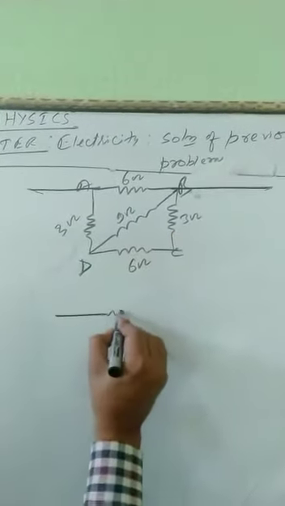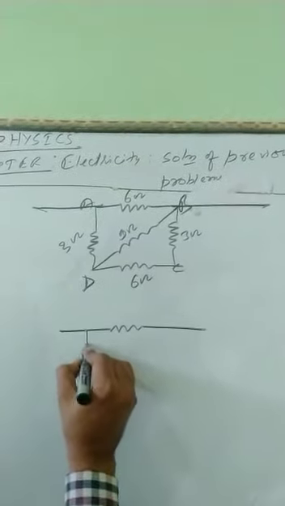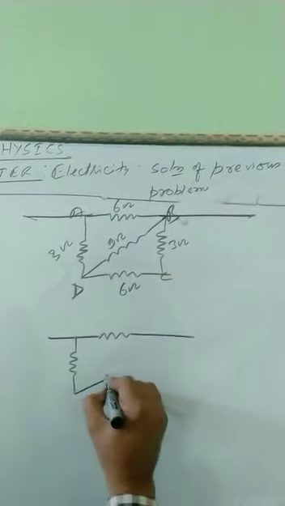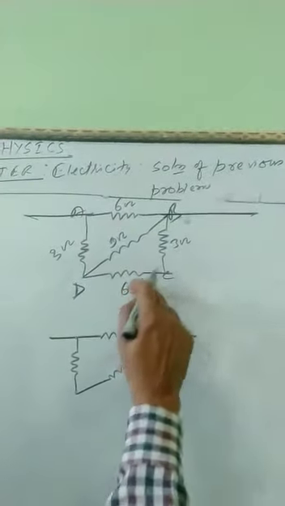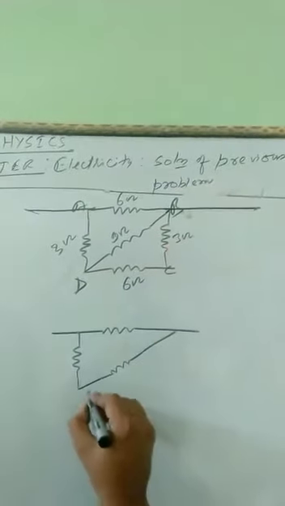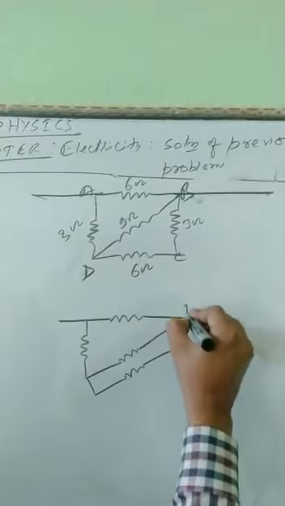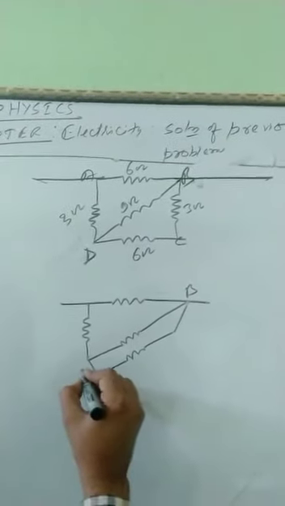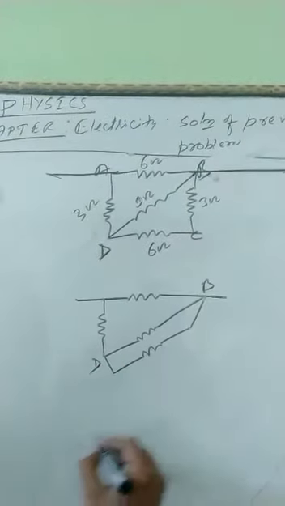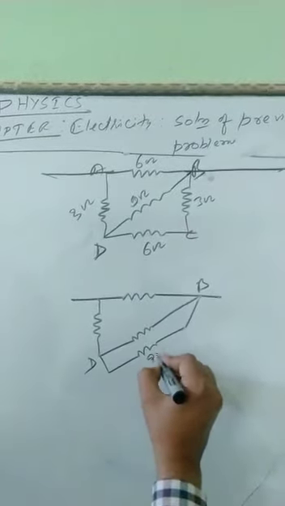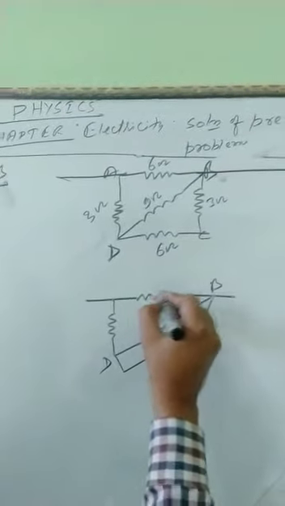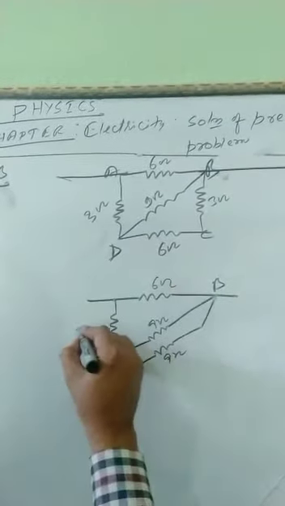Therefore now your figure will be like this. 6 plus 3 is also equal to 9. And this is B and it is D. This is 9 ohm, this is 9 ohm, 6 ohm, and this is 3 ohm.